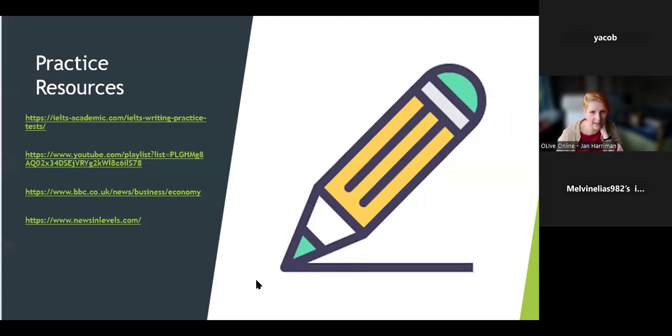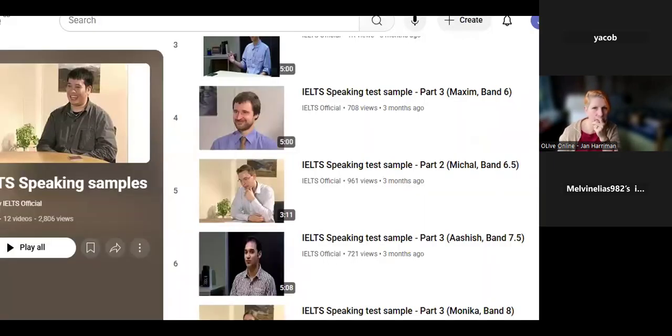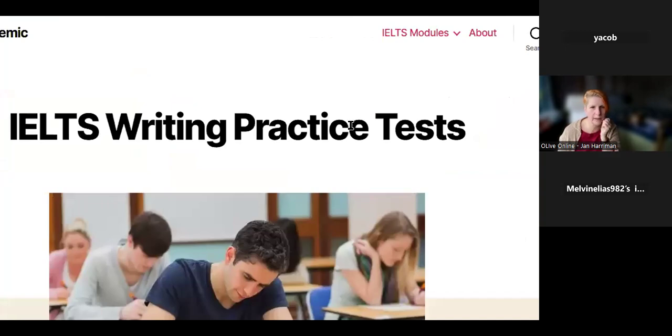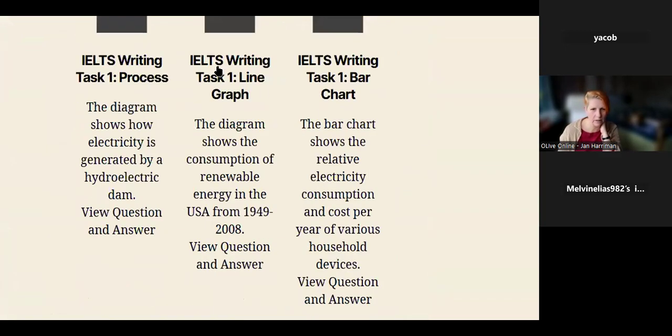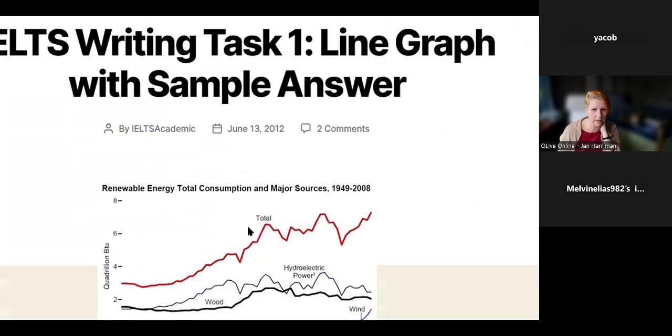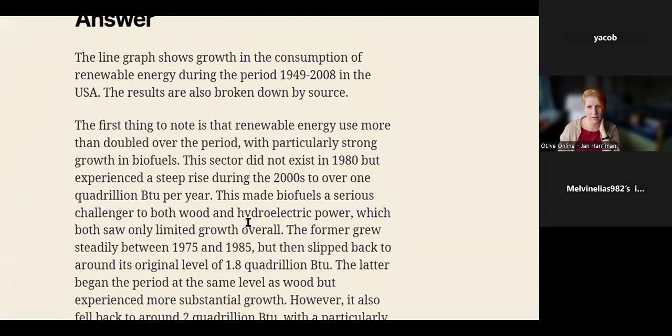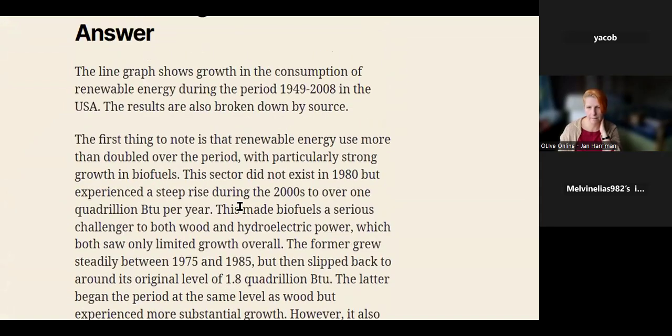So more resources for that. The IELTS academic writing practice tests all have samples. Highly recommend it. I know I've shown you this before. The great thing about these is they do have a sample answer.